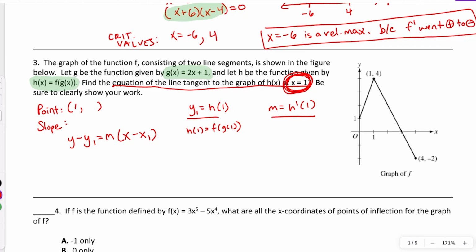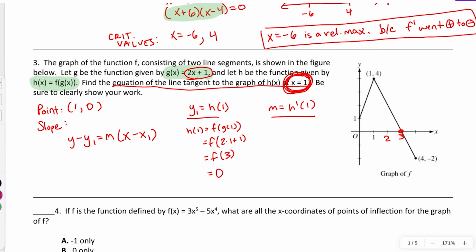Now g is 2x plus 1. So this is going to be f of 2 times 1 plus 1. 2 plus 1 is 3. So this is going to be f of 3. And we can find f of 3 from the graph. Here's 2, here's 3. F of 3 is 0. So that means the y-coordinate is 0.